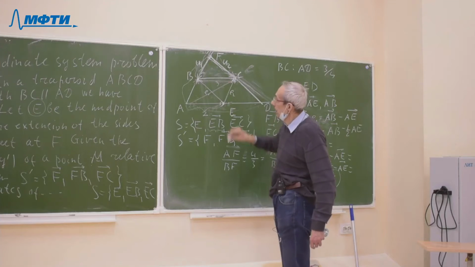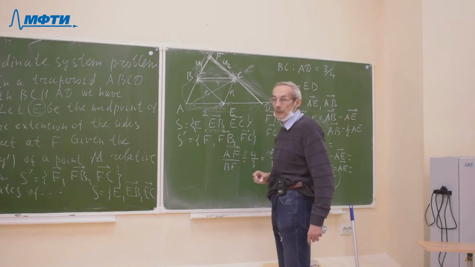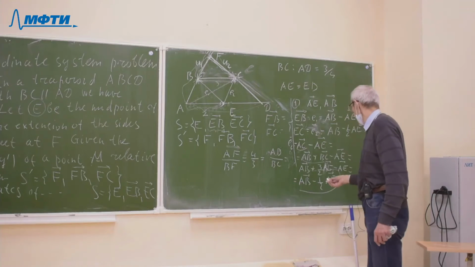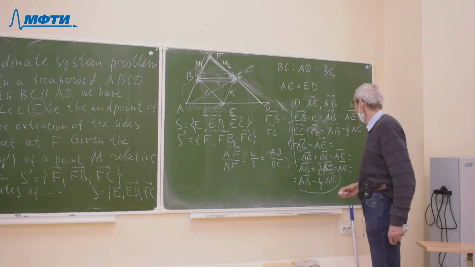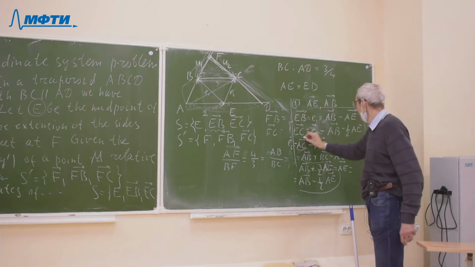And the ratio of this length is 3:2. We will use this simple observation and obtain this system of equations.